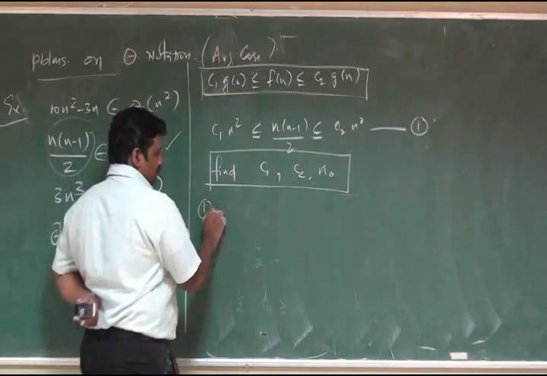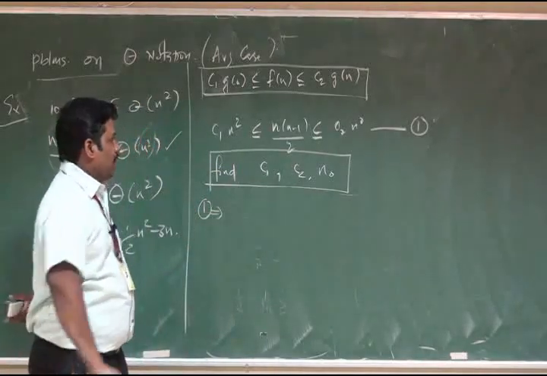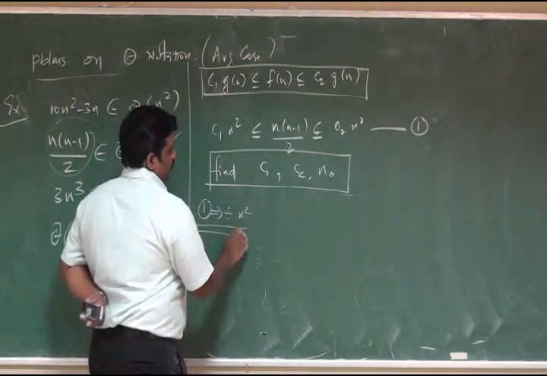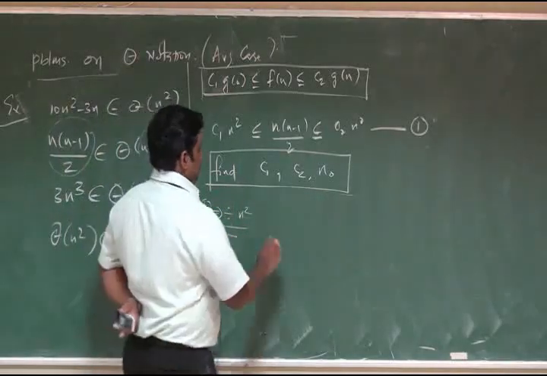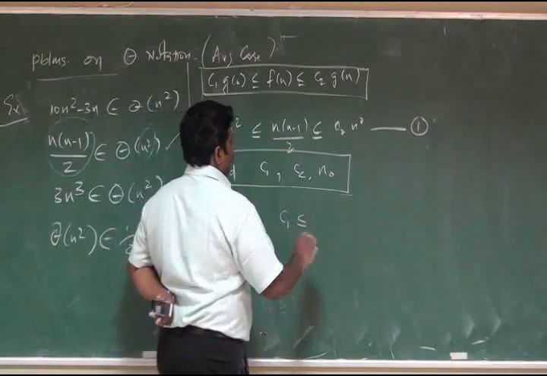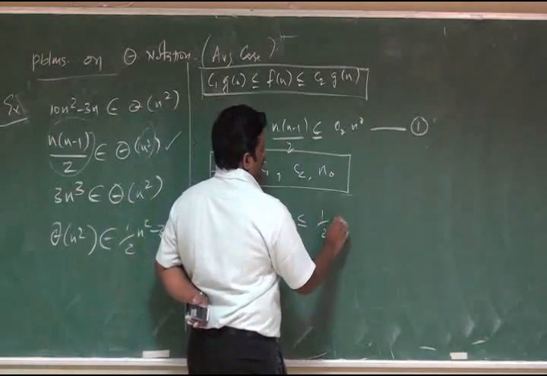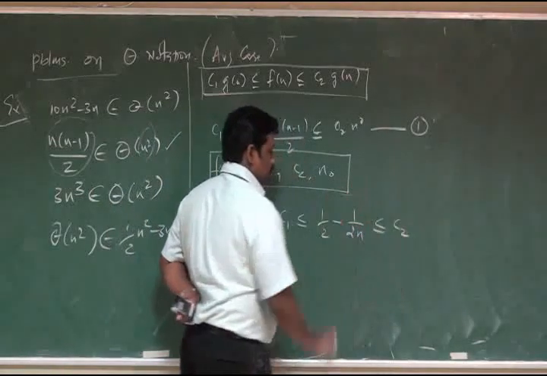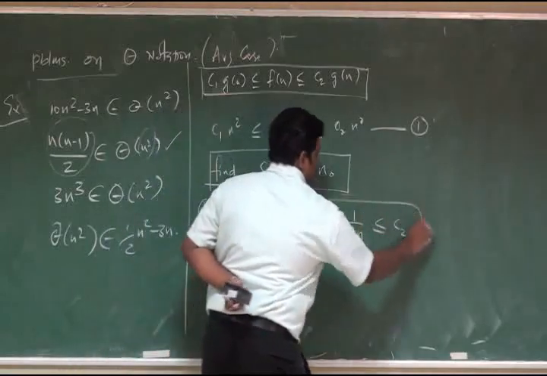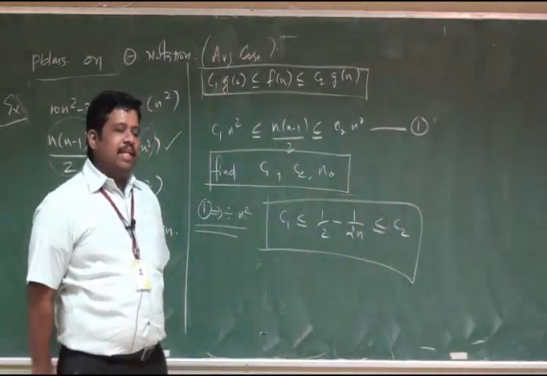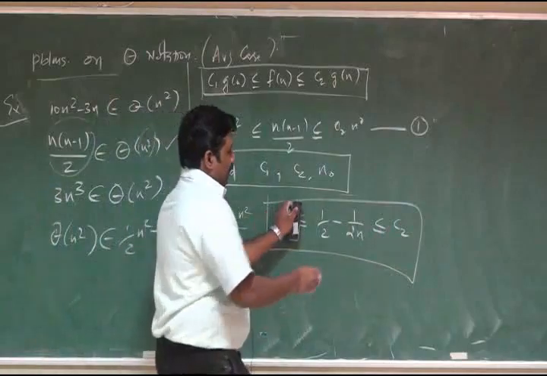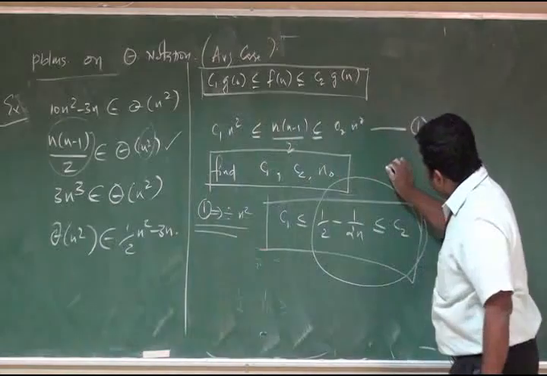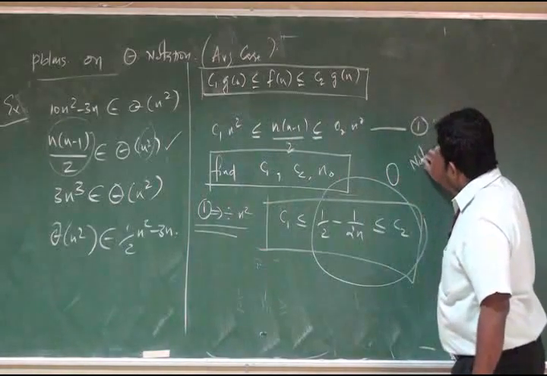First you just convert this equation into C equivalent form. So equation number 1 is divided by n square. Thereby it is written as C1 less than or equivalent to 1 by 2 minus 1 by 2n less than or equivalent to C2. See there, from this equation, this part alone resembles the nature of calculation of big O notation.